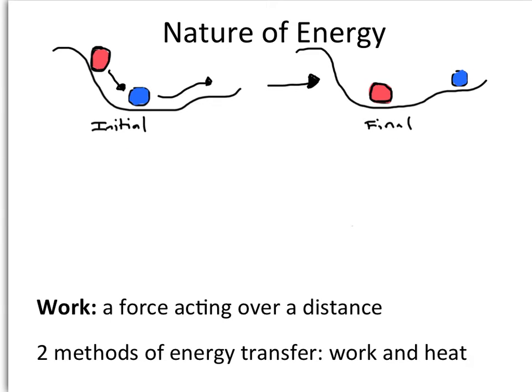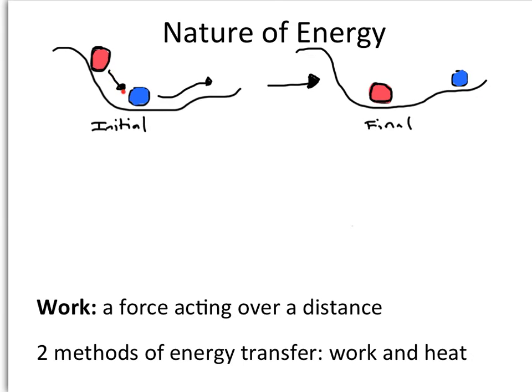So what do we see here? Initially, we have the red ball here in an elevated state. We have it in a higher position, so its potential energy is higher than the potential energy of the blue ball that we see here. When the red ball is released, its potential energy is converted into kinetic energy and it moves down the hill.